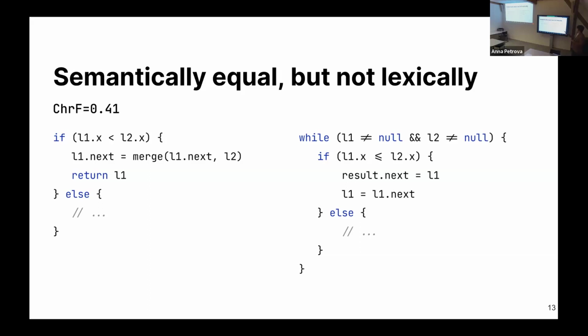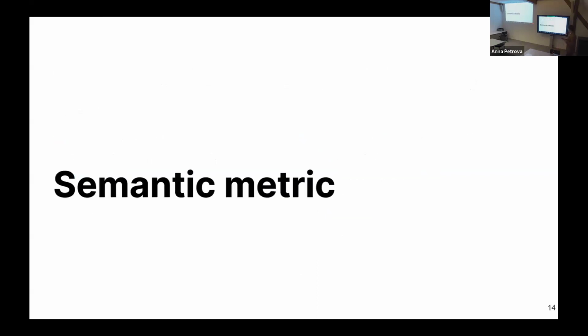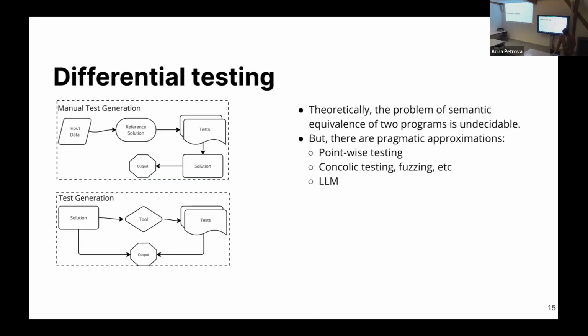So we can clearly see that they implement the same task, but this metric is low. chrF has a range from 0 to 1, so 0.41 is a bit low. So our solution just came to the hypothesis that the solutions are not equal. So we can talk about the semantic metric.